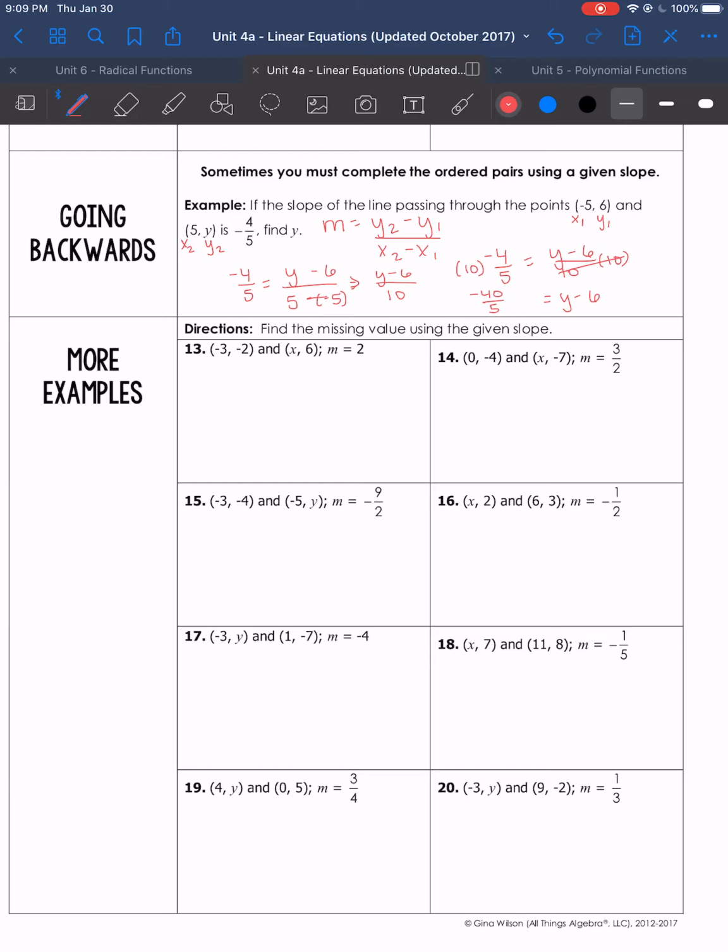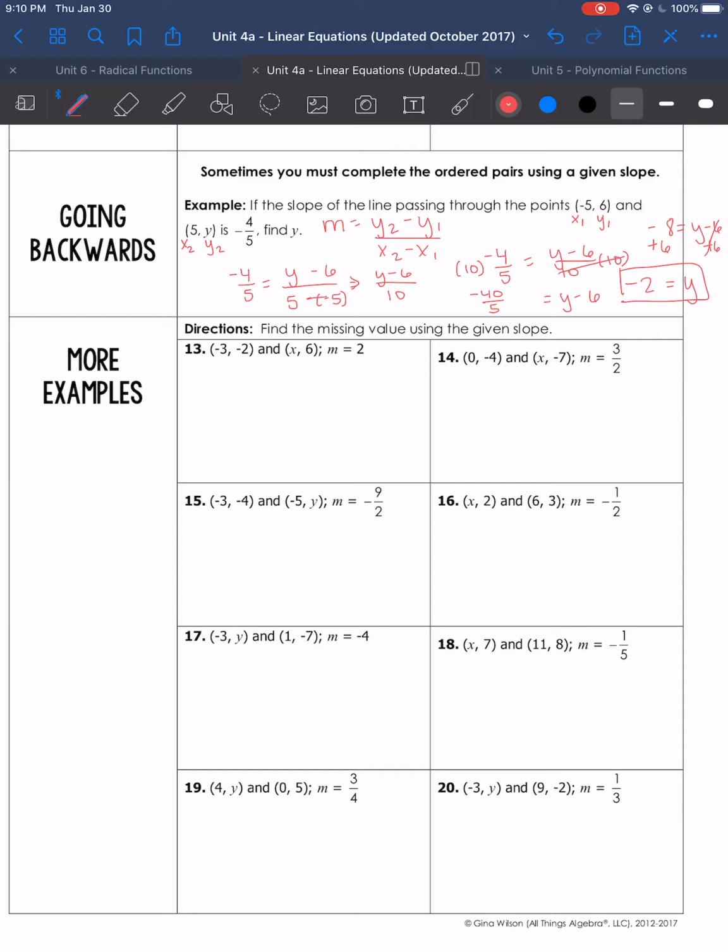Negative 40 divided by 5 is negative 8 equals y minus 6. I was jumping the gun over here. So I'm going to add 6 to both sides. So y equals negative 2.